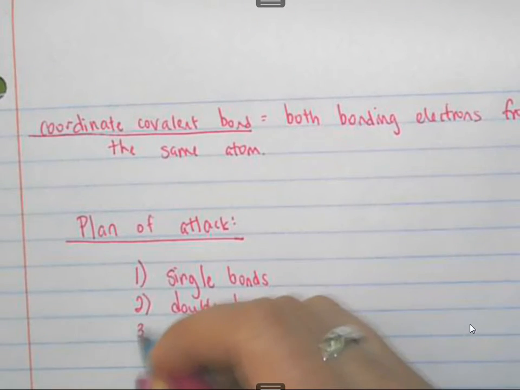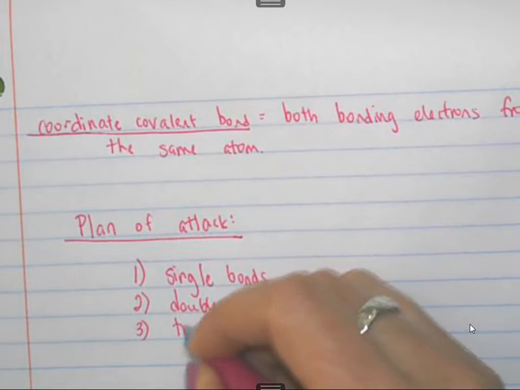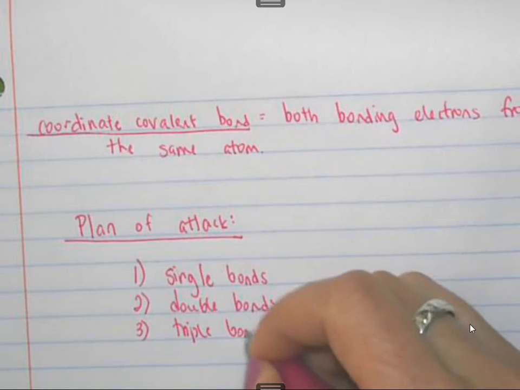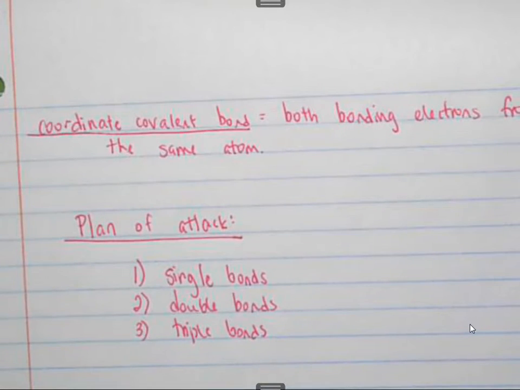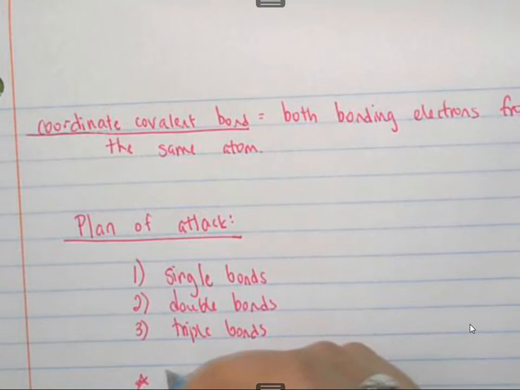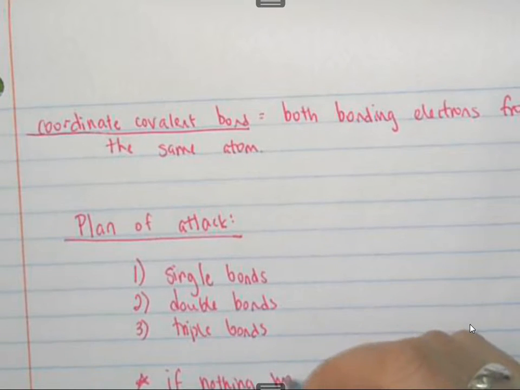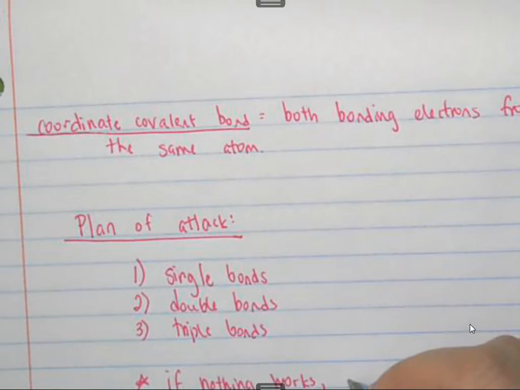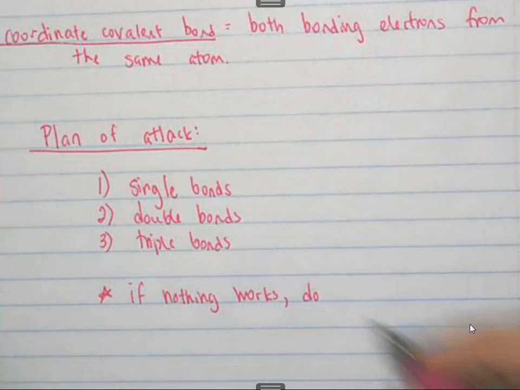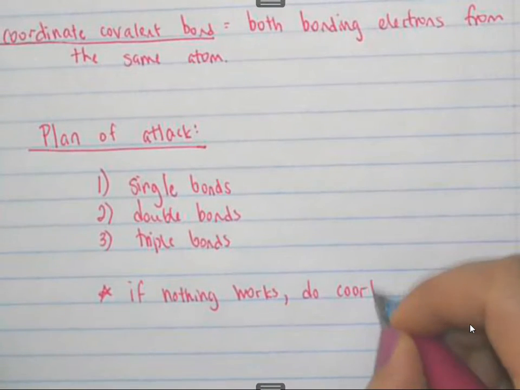And if double bonds don't work, then you should try triple bonds. If nothing works, that's going to be my last thing. If nothing works, then you should do coordinate covalent.